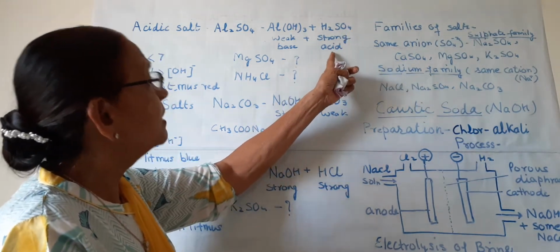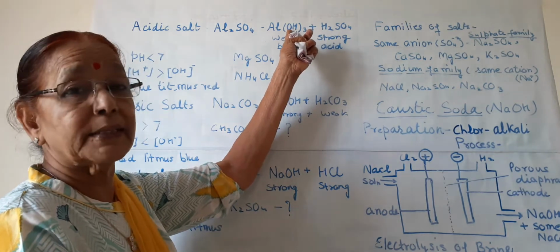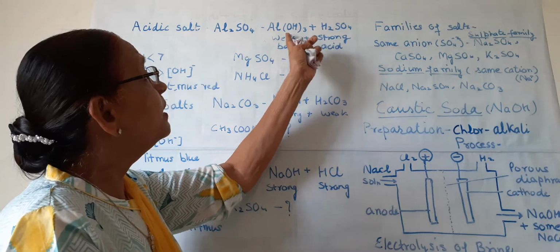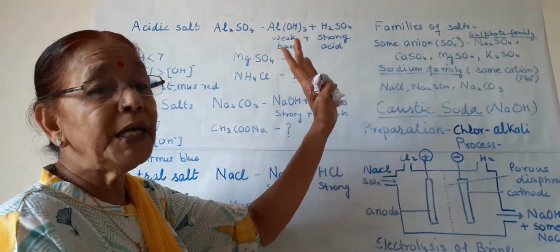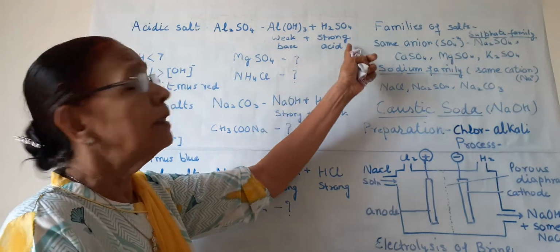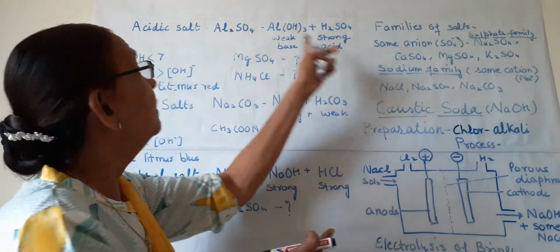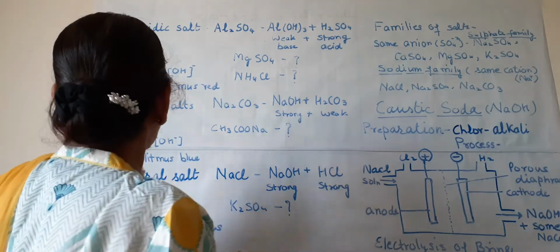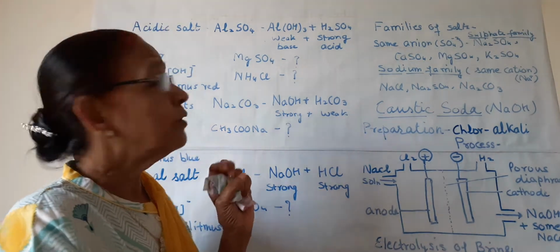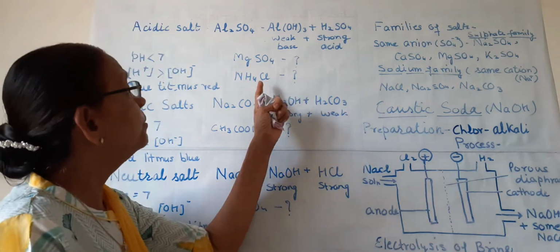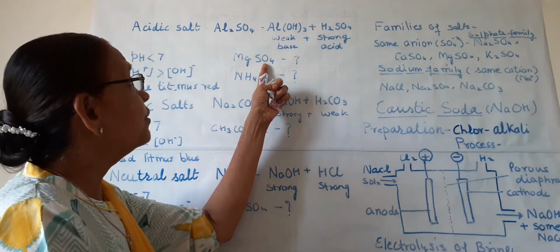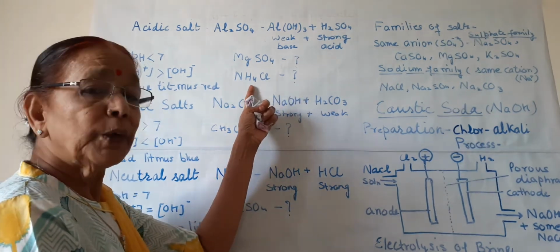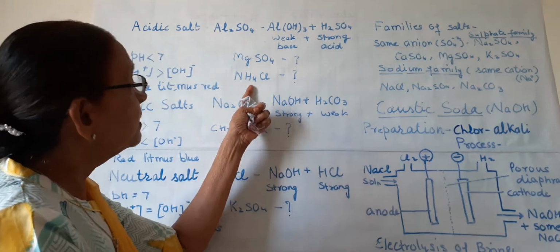When a strong acid reacts with a weak base, for example aluminium hydroxide, Al(OH)3, which is a weak base, then acidic salts are formed which have properties of acids. So I have written two more: MgSO4, magnesium sulfate, also an acidic salt, and ammonium chloride, also an acidic salt.